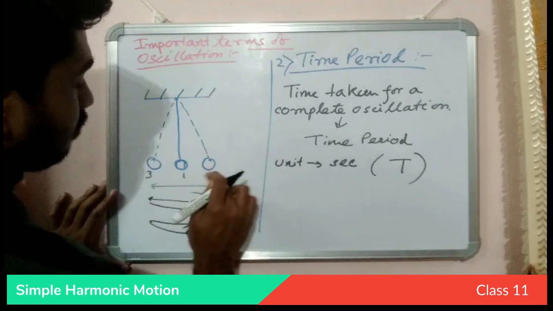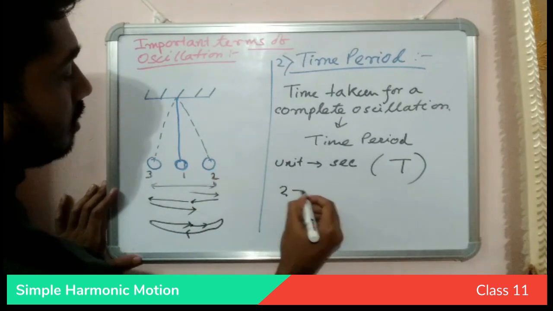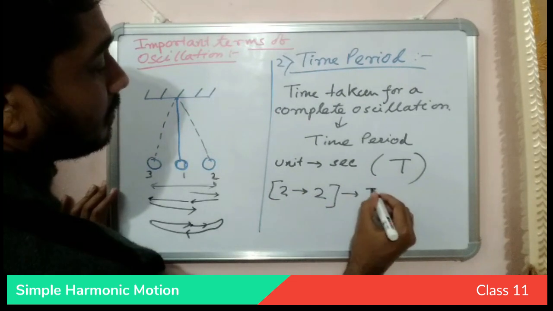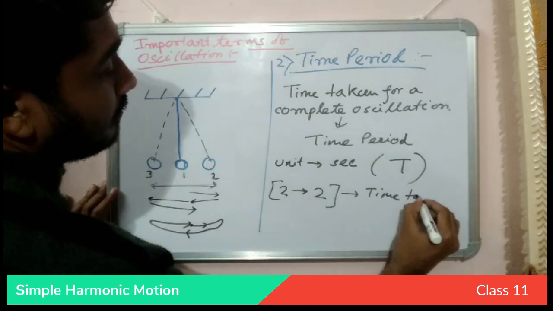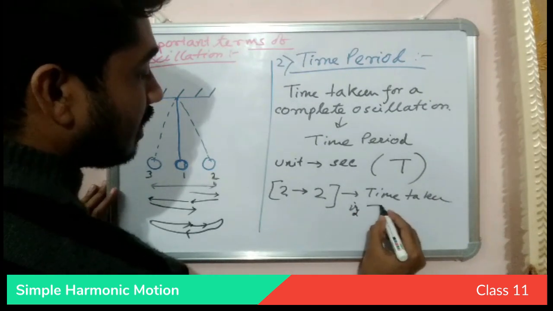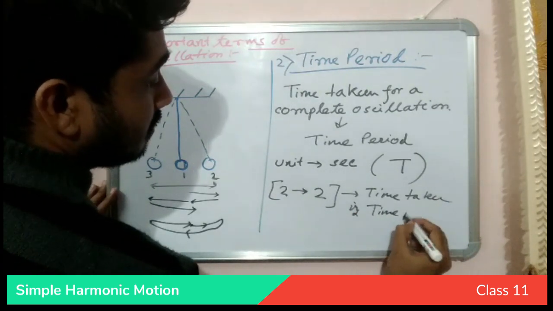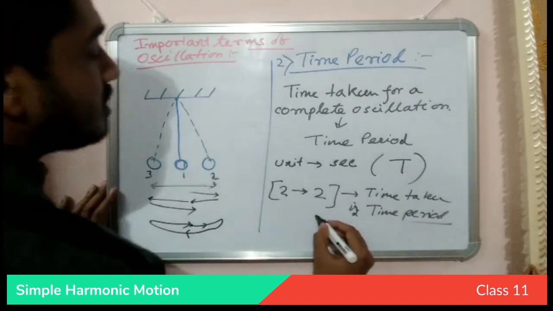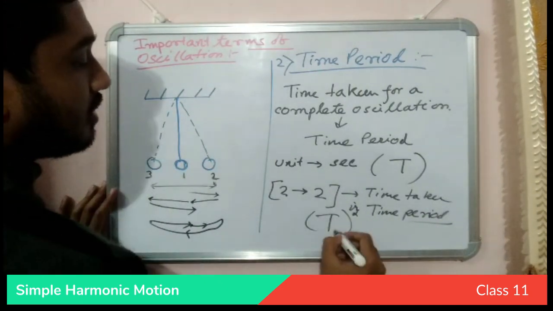So from this 2 to again 2, the time taken is the time period. Okay, this is T, so T seconds.